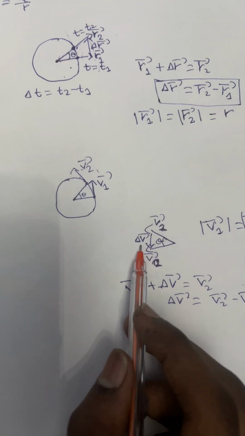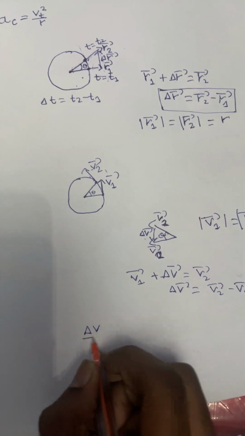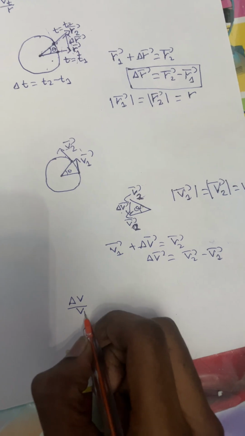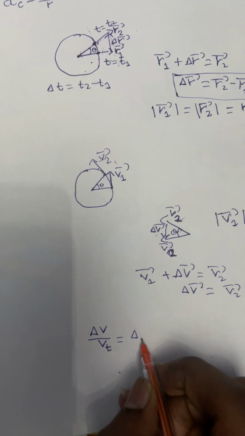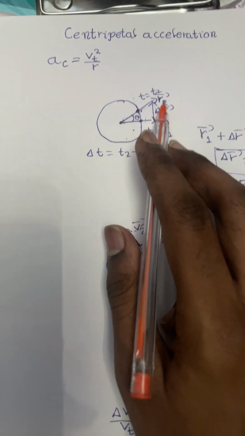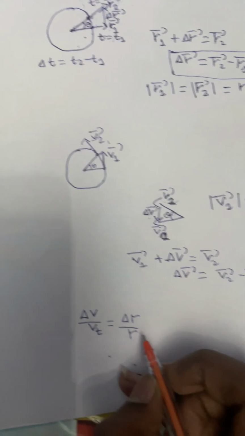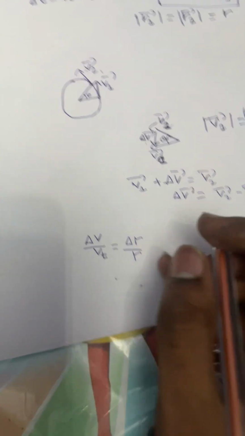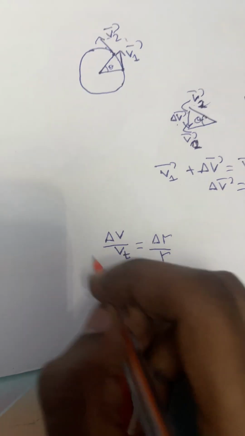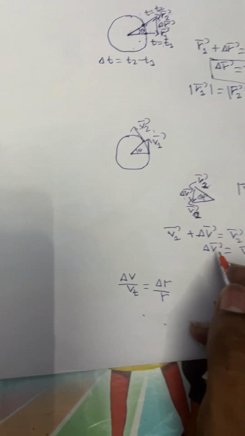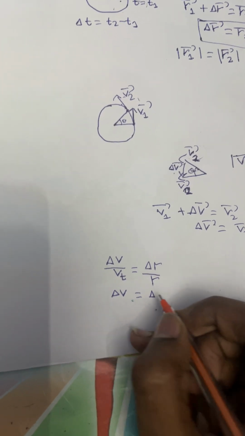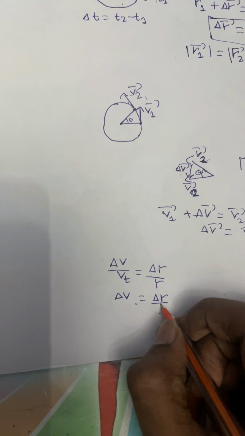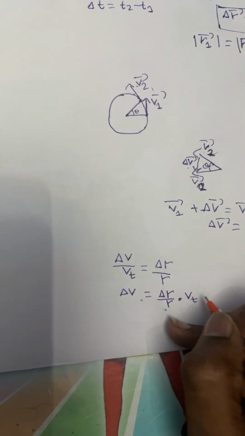So we can take delta v by the modulus of any of these, which is equal to the tangential velocity, equals delta r by the modulus of any of these. I mean we are going to equate these, because these were similar triangles, right? Using the similar triangles concept, delta v equals delta r by r times v_t.